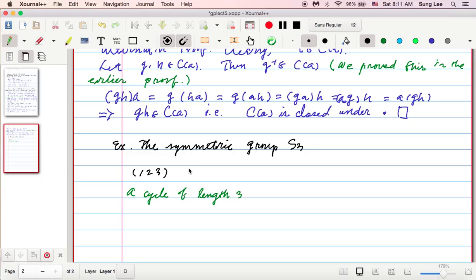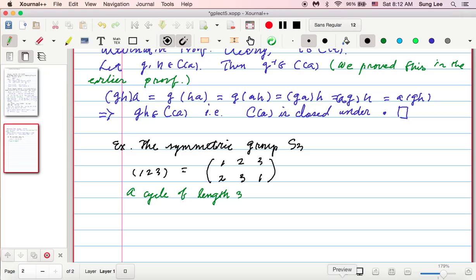So in terms of the original notation, 1 goes to 2, 2 goes to 3, 3 goes to 1. But we can also write down this permutation simply using cycle notation, so that's a cycle of length 3.